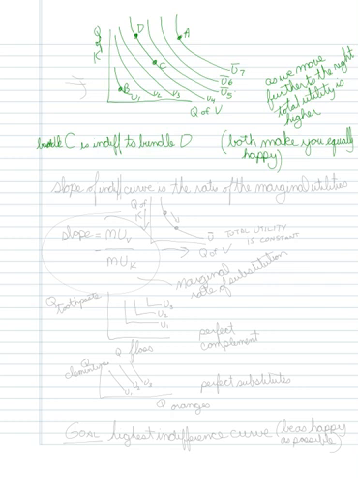Now, we probably would want to know something then about what the slope of this curve is. The slope of the indifference curve is the ratio of the marginal utilities.